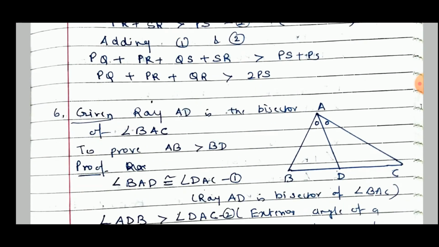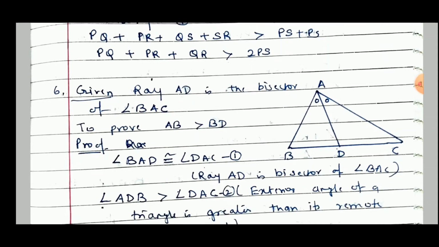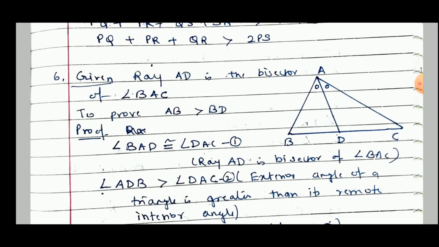Now the sixth one. Given ray AD is the bisector of angle BAC, to prove that AB is greater than BD. Angle BAD is congruent to angle DAC, since ray AD is the bisector of angle BAC.